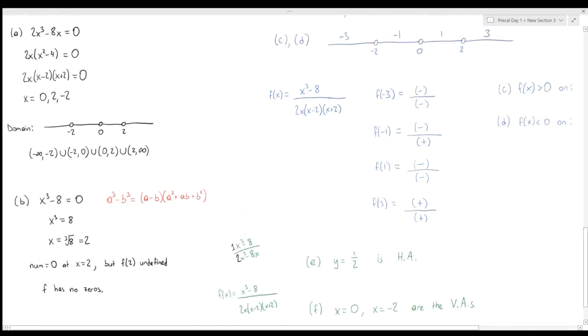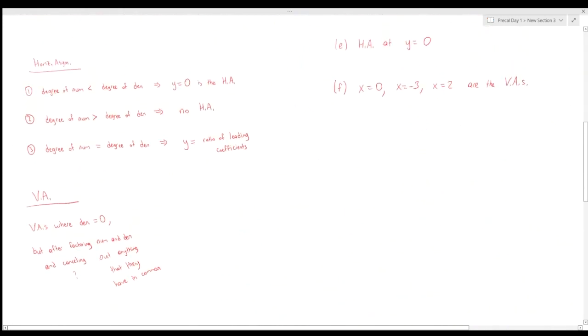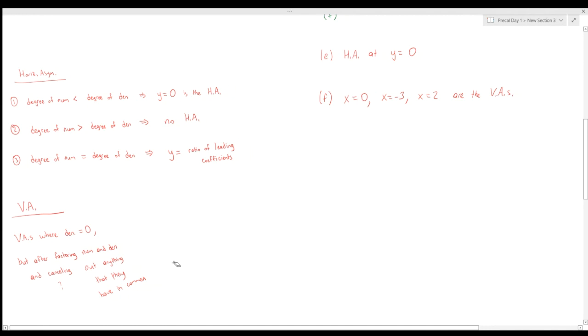So the way that we determined where the function has a horizontal and vertical asymptote, we determined using these rules. But in your calculus class, you won't be able to rely on these rules. You have to solve the question using limits instead.